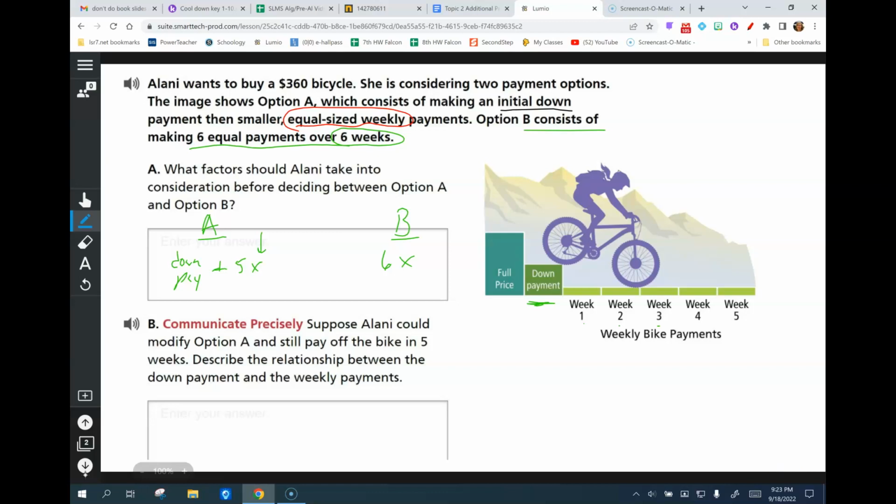Suppose Lonnie could modify A and still pay off the bike in 5 weeks. Describe the relationship between the down payment and the payments that she'd have to make. Okay, so think about that one too for just a second.